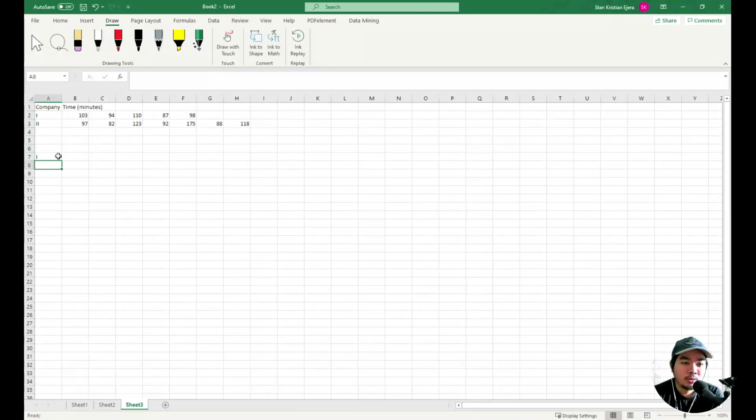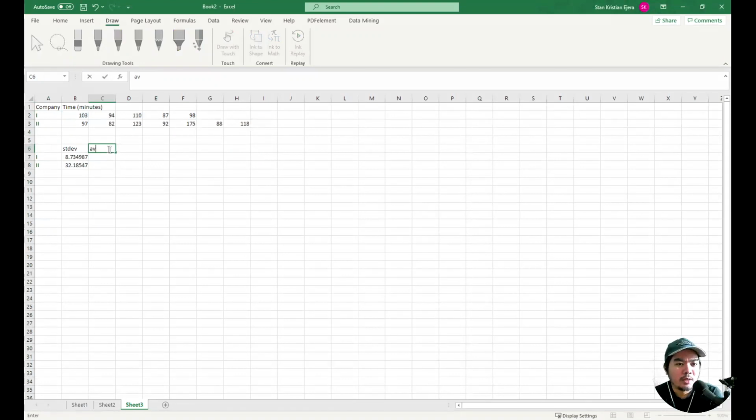That way when I drag, it's easier. So for standard deviation, this is just STDEV.S of dataset 1, and I can include the blank cells, because Excel omits blank cells anyway. Then I just drag down, and this gives me the standard deviation of the second dataset.